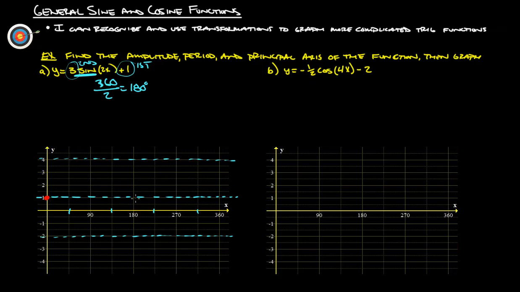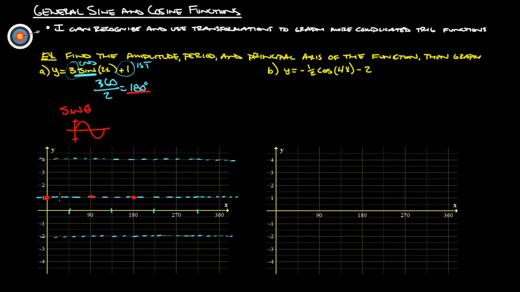And then I know that after I've gone through 1 full cycle, 180 degrees, it's going to be back where it started, right? Because I know that the sine graph looks like this. Remember, it looks just like that. So I know it's going to start by going up, coming back down, and going through this here. Okay. I know that halfway through it's also going to be at 0.